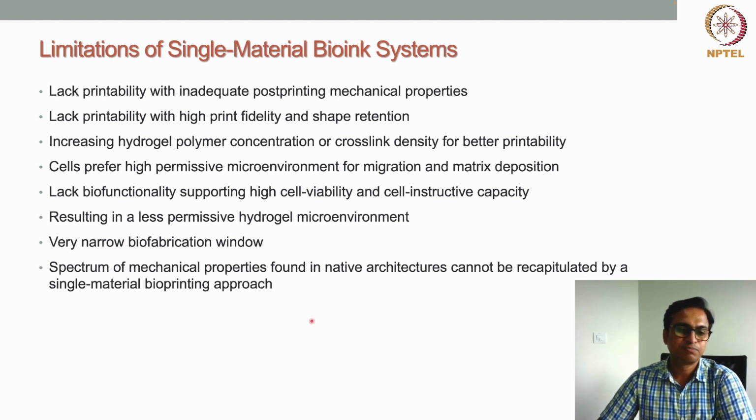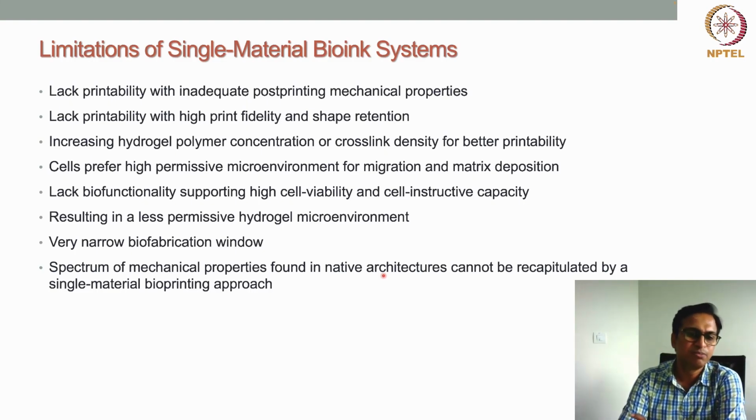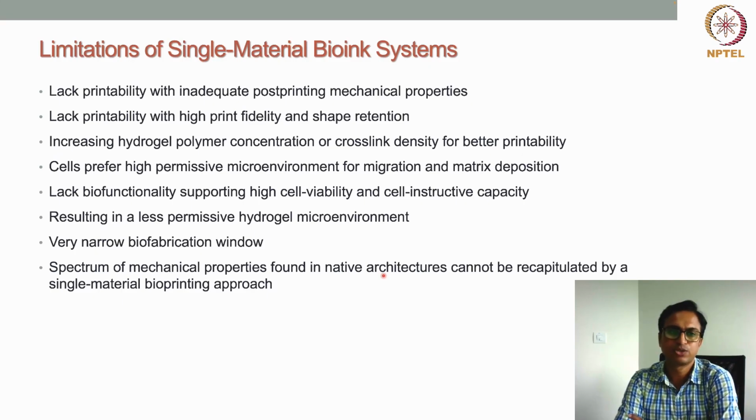But the spectrum of mechanical properties generally found in native architectures cannot be recapitulated by a single material bioprinting system. Because of this, we cannot tune the material in such a way that printability, shape retention and mechanical property can all be achieved by just a single material Bioink system.